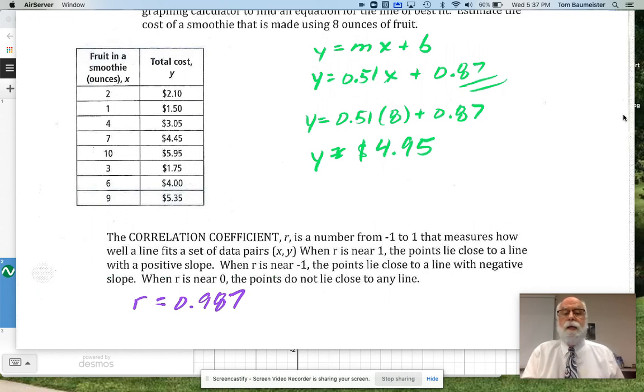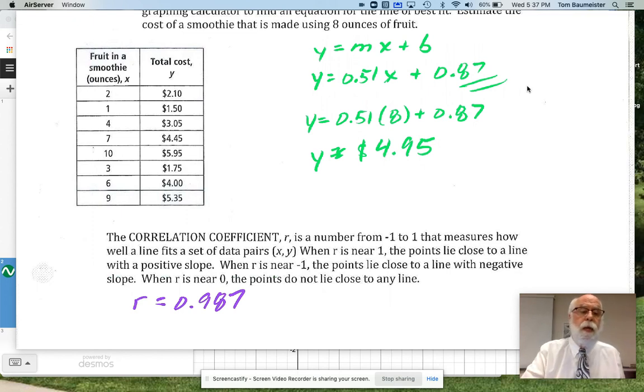When R is near 1, the points lie close to a line with a positive slope. When R is near -1, the points lie close to a line with negative slope. And when R is near 0, the points don't lie close to any line.